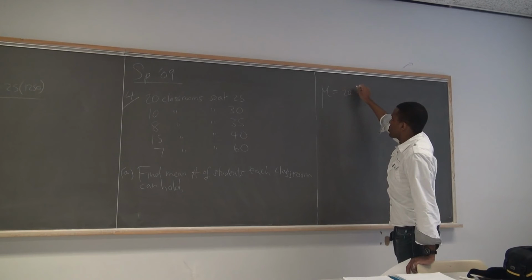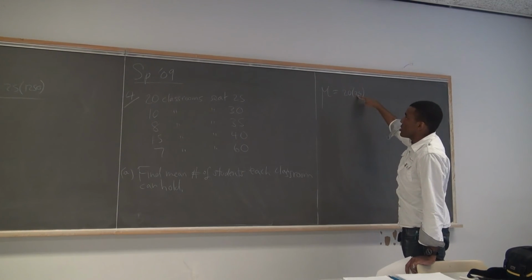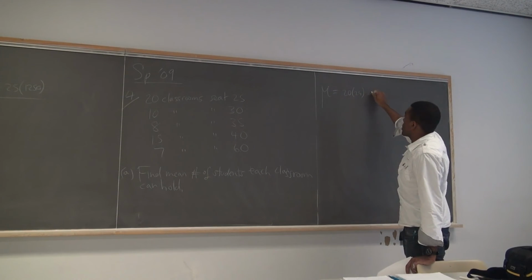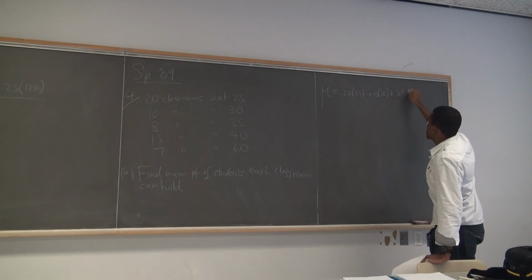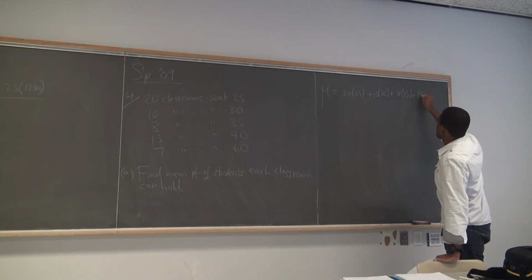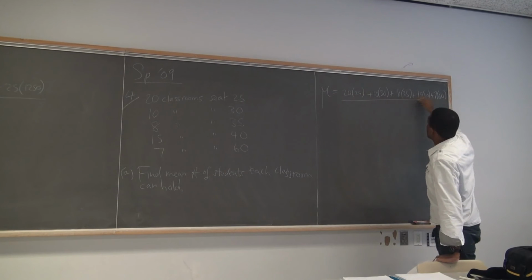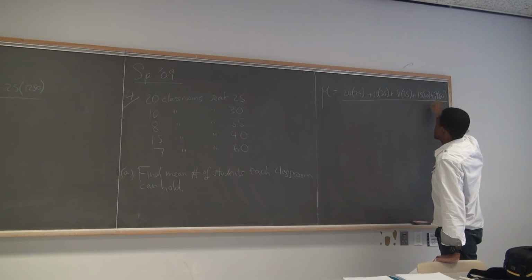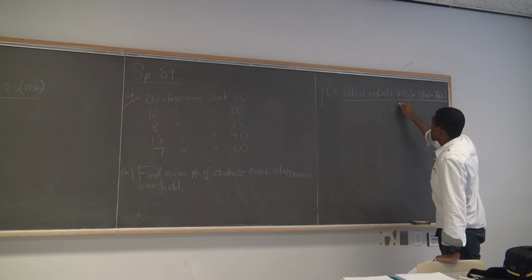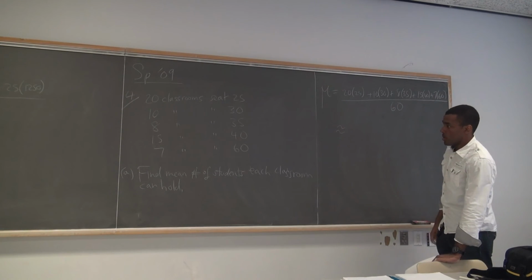Well, there are 20 classrooms that can seat 25, right? So that's how many students you can seat in those 20 classes. 10 classrooms can seat 30, 8 classrooms can seat 35, 15 classrooms seat 40, 7 classrooms seat 60. The total is the total number of classrooms, which is 10 plus 20 plus 8 plus 15 plus 7, which is 60.